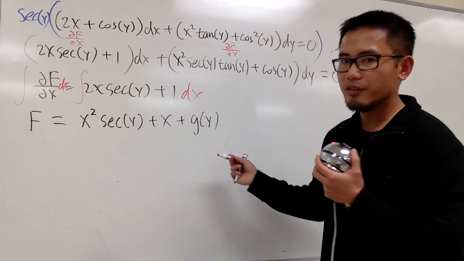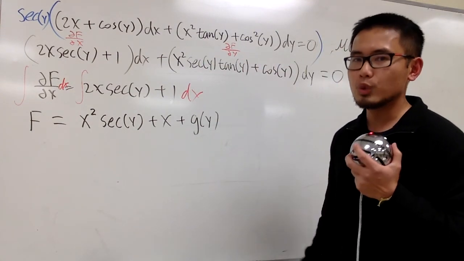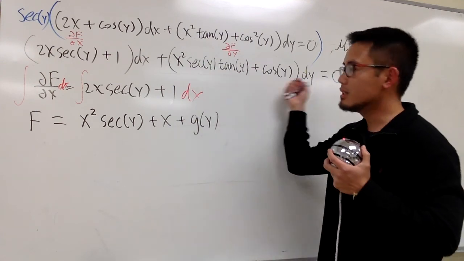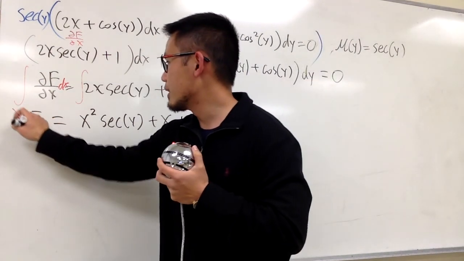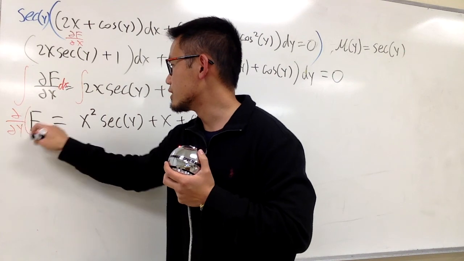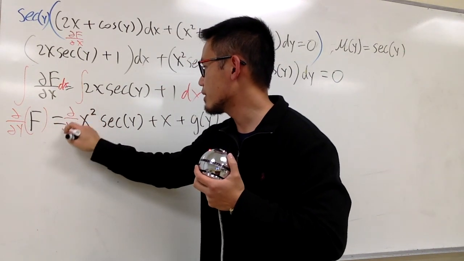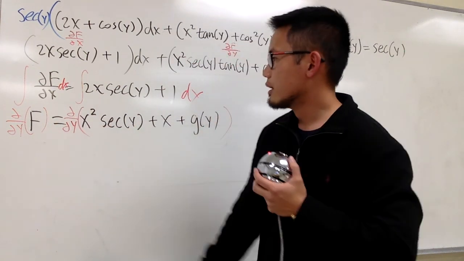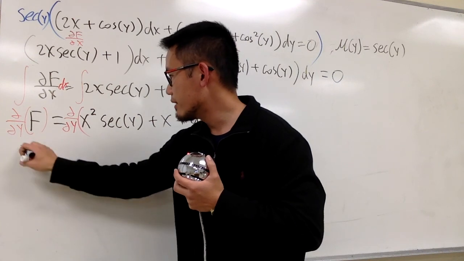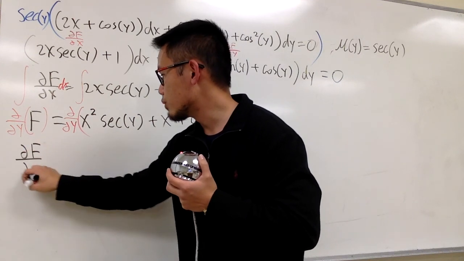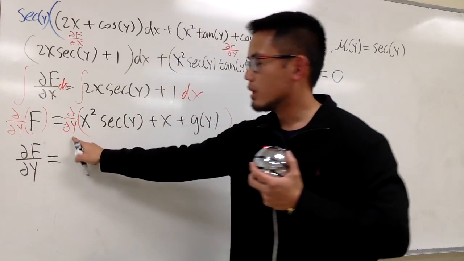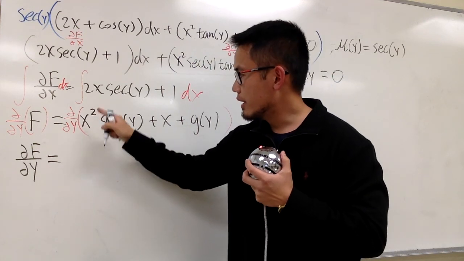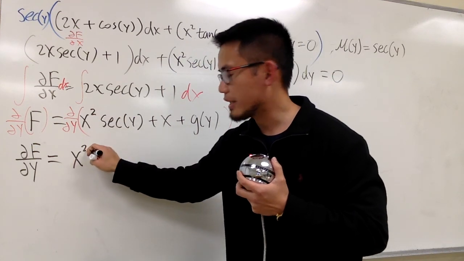Let's go ahead, differentiate both sides with the partial with respect to y, and then match with this. So now, let's go ahead, do the partial of this with respect to y, and then do the same thing right here. So on the left-hand side, we will end up with partial of f with respect to y equals to, okay, x squared in the y world is just constant, so let's put that down.